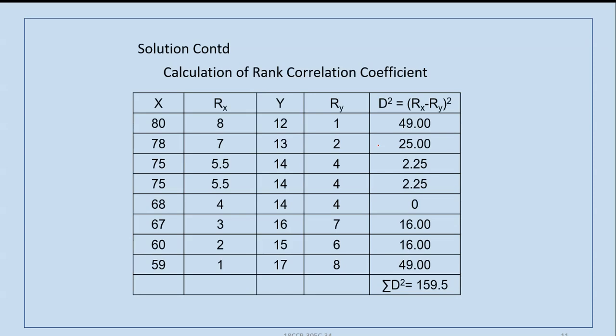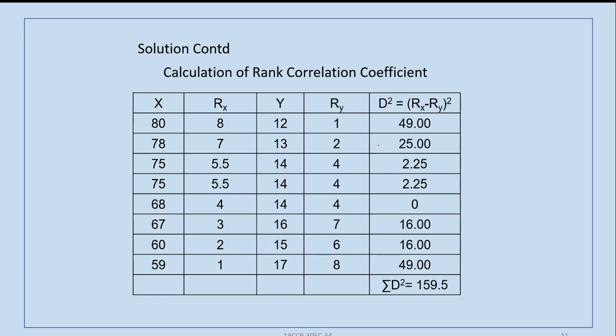So here, we will prepare a table like this. The X series and Y series are written, and the X series ranks are given. The lowest is given 1 and the highest is given 8. That is, 59 is 1, 60 is 2, 67 is 3, 68 is 4.